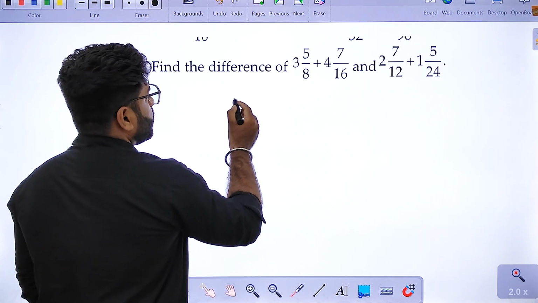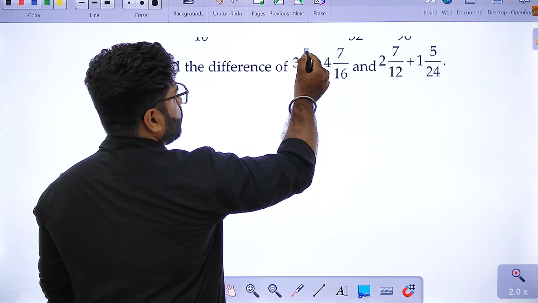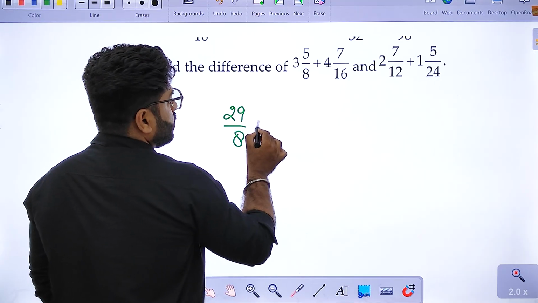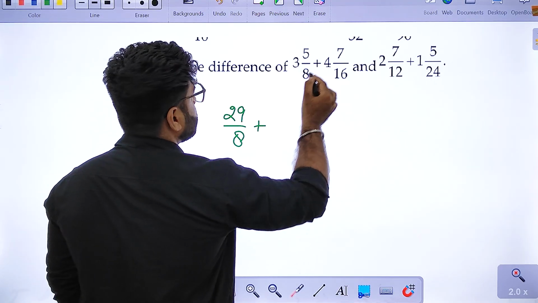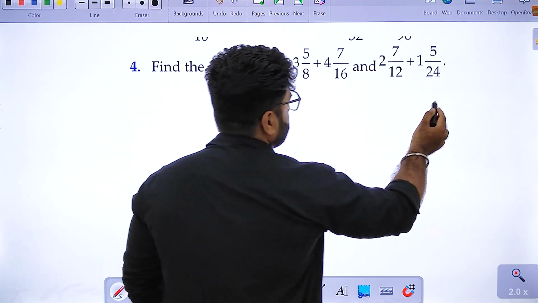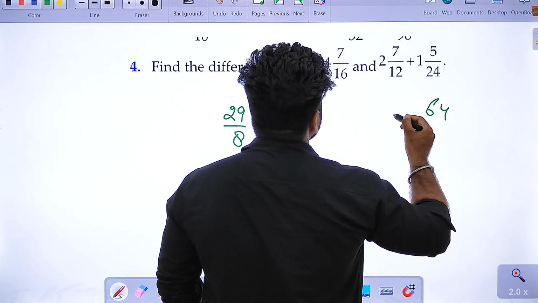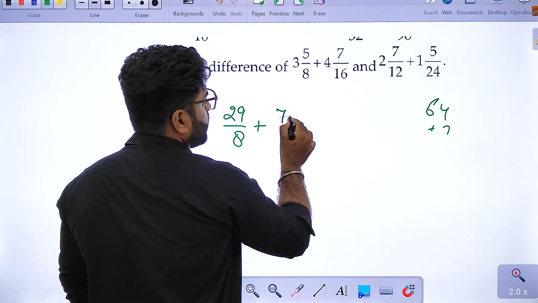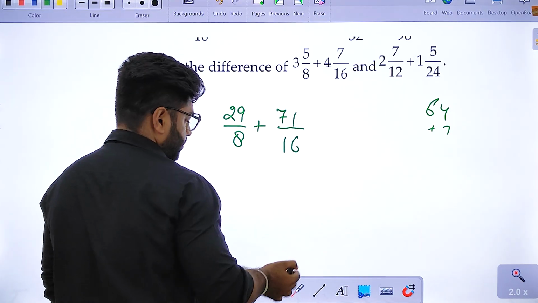Let's pick this one. This is 8 threes are 24 plus 5, that is 29 by 8. Plus this one, 16 fours are 64, 64 plus 7, that is 71 by 16.